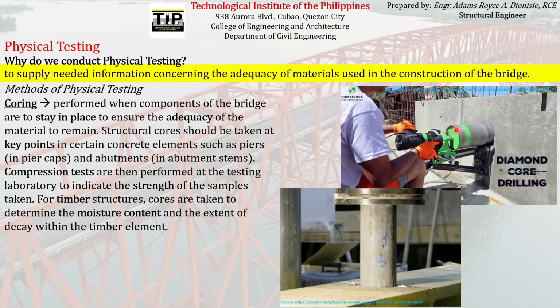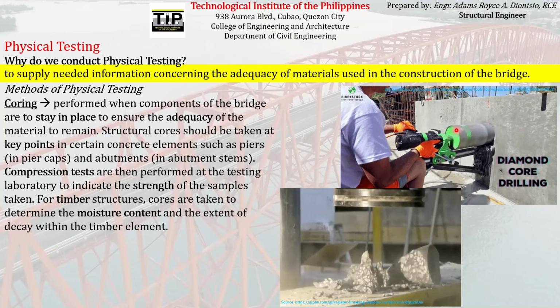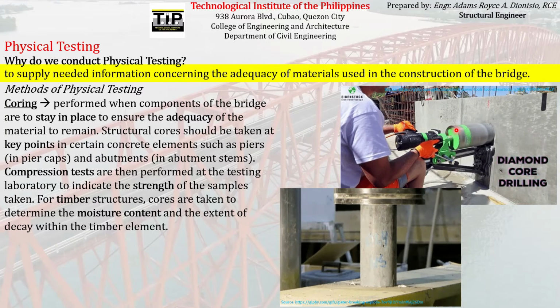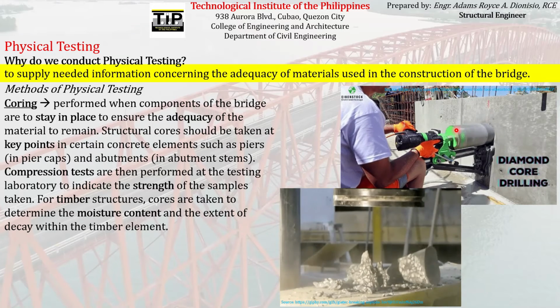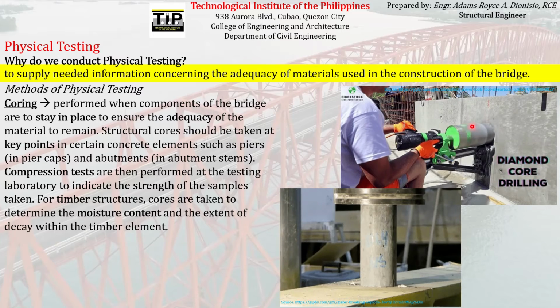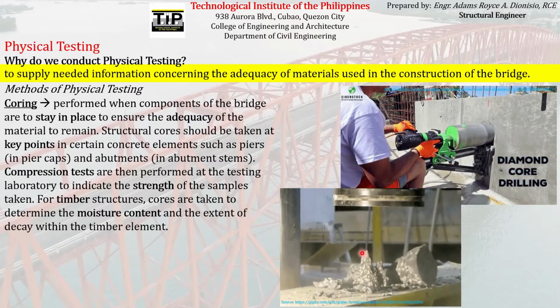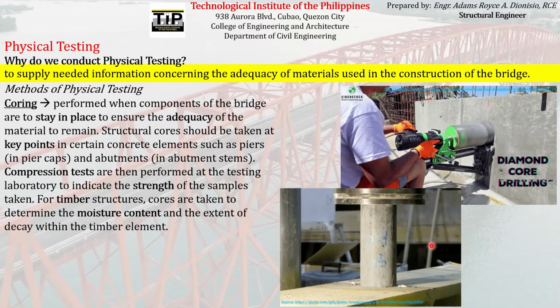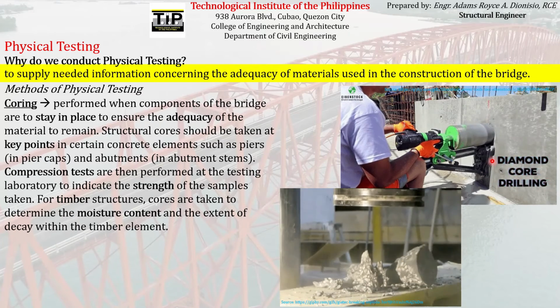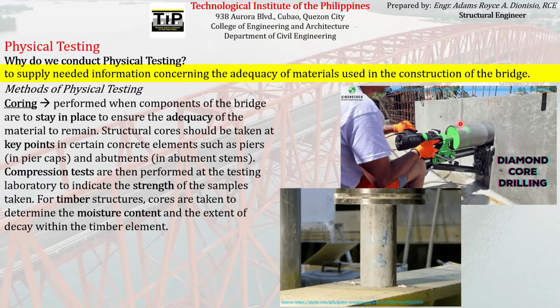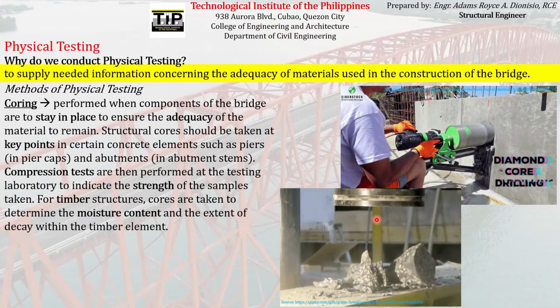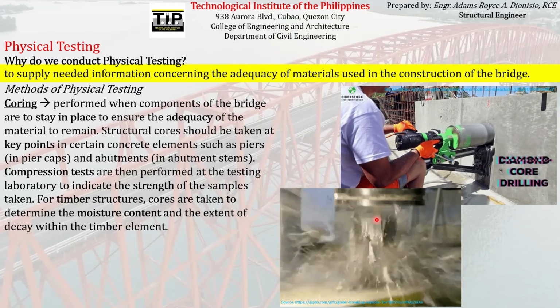So we just have to take some part of the component, take that core sample to the testing laboratory and subject it to compression tests for us to know the present performance or present strength of that particular component of the bridge structure. So that is usually the whole process of coring.